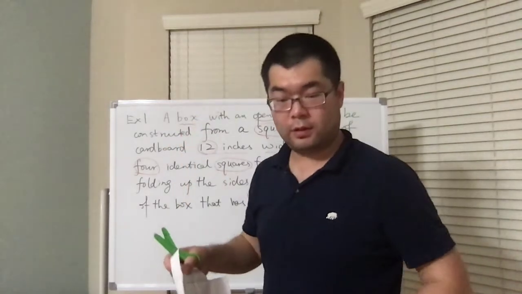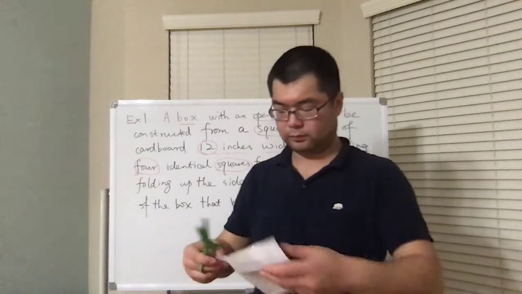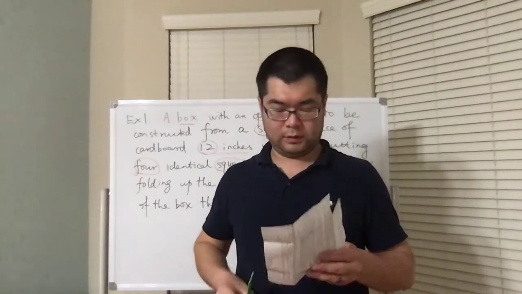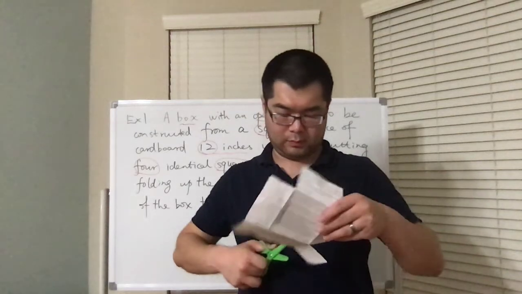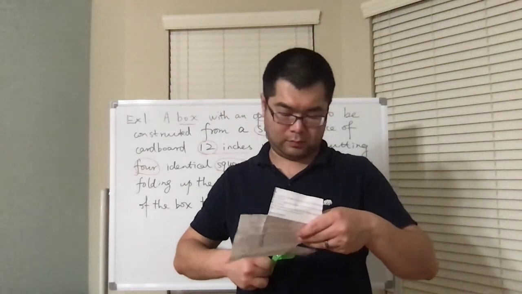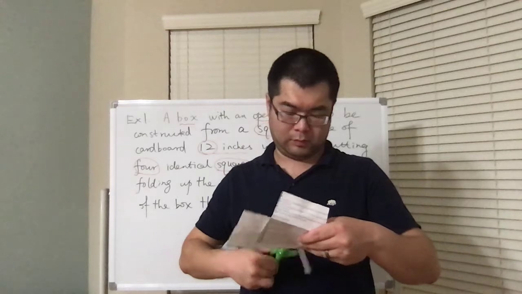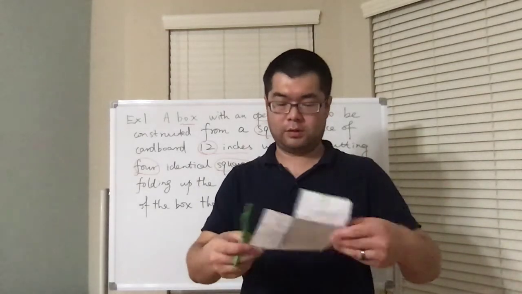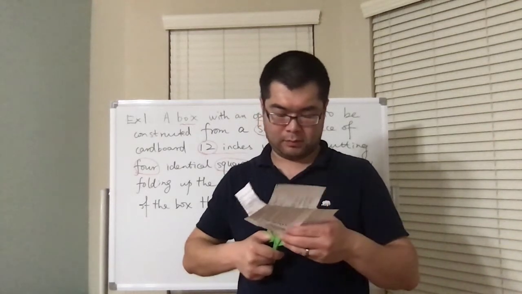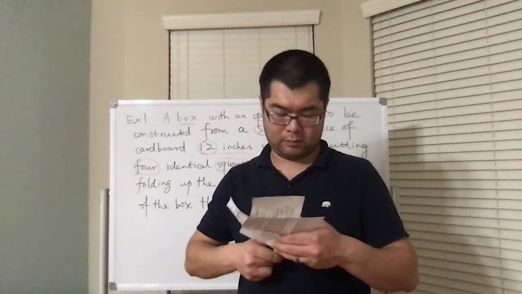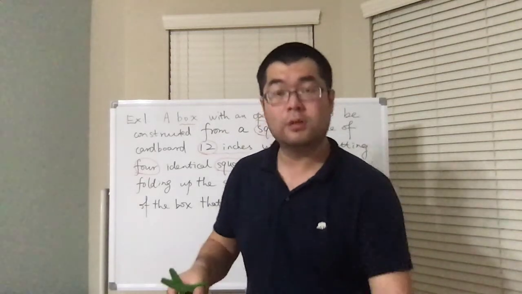And then, let's see. Third corner square is gone. Last one. Here we go.